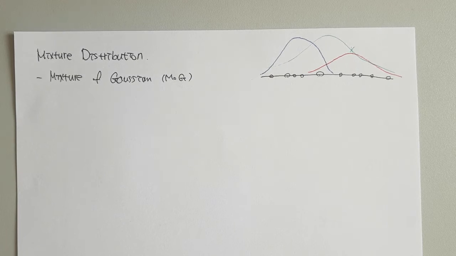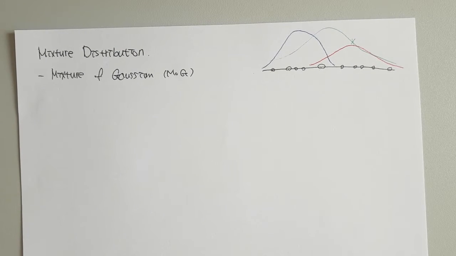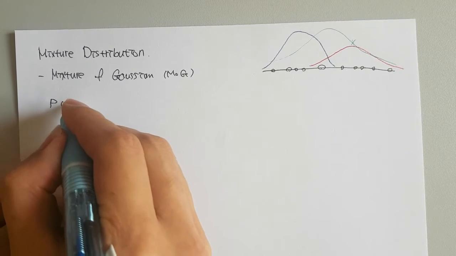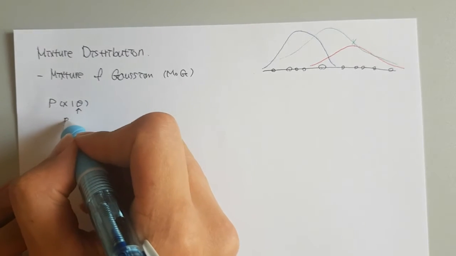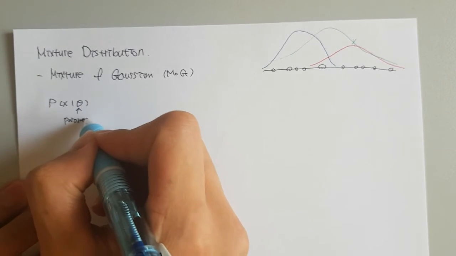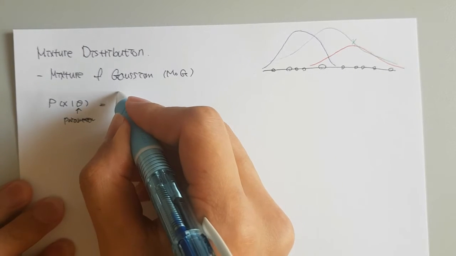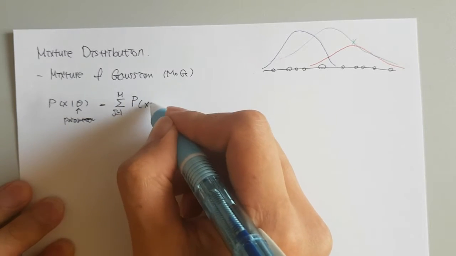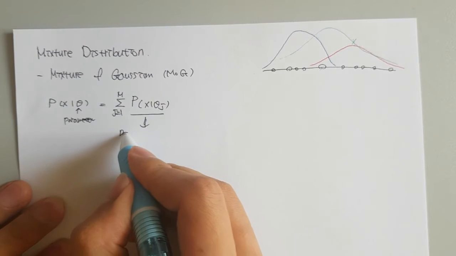So let me briefly explain the probabilistic background. If there is probability of x given theta, here theta is the parameter, and it can be, as I explained, represented as a summation of each Gaussian distribution.